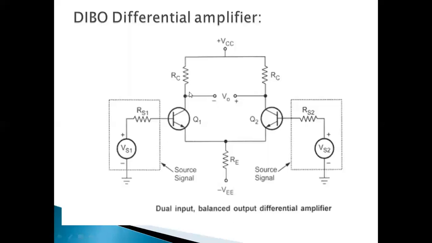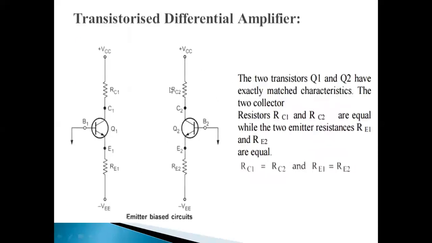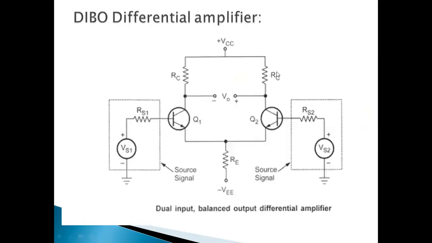Okay, so by following these three rules, that is, by taking matched transistors, the same resistances, and the same DC voltage magnitudes for VCC and VE, then connecting the collectors of the two emitter bias circuits together, connecting the two emitters of the two transistors, applying two inputs to the bases, and taking the output between two collectors, we construct the differential amplifier.